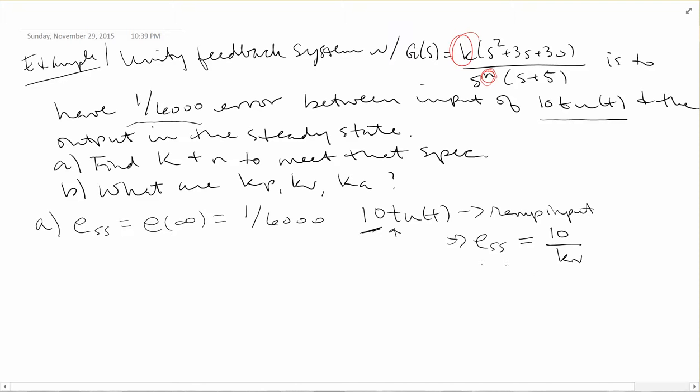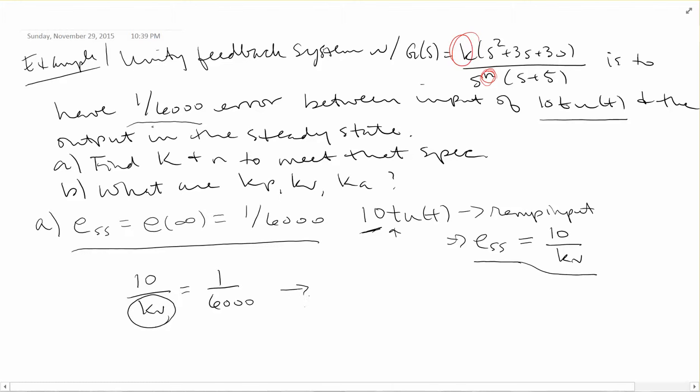So now if you notice, we have an equation for steady state error here, and then we have another one here. So we're going to set those two equal to each other. So we're going to have 10 over Kv equal 1/6000. And with that, you can solve for Kv. So Kv is going to be 60,000.